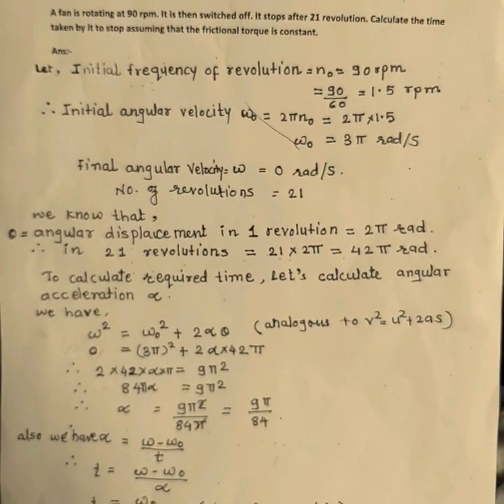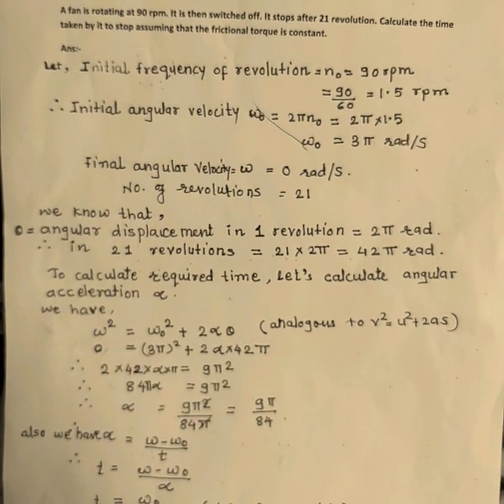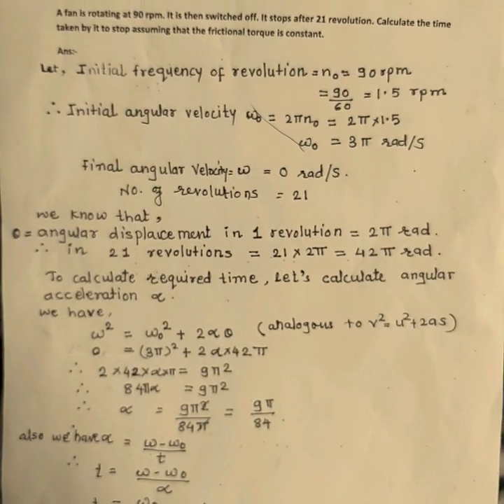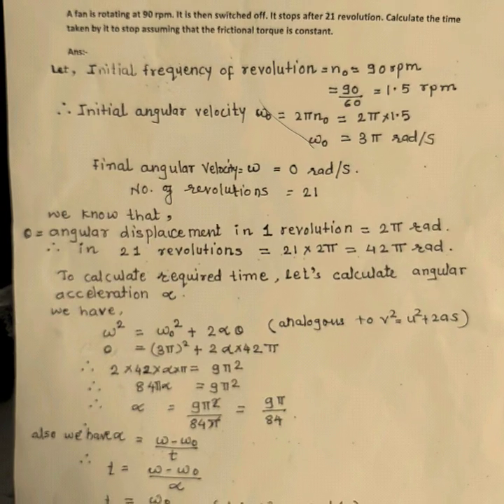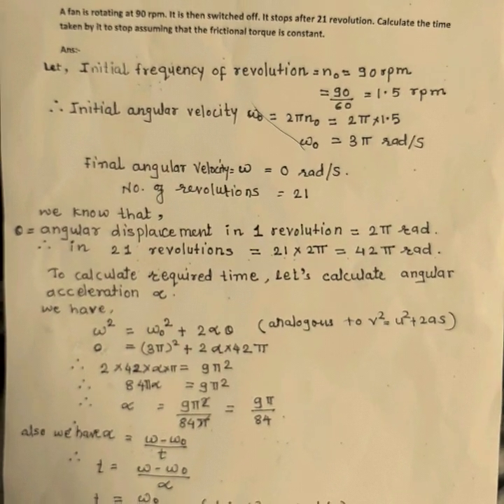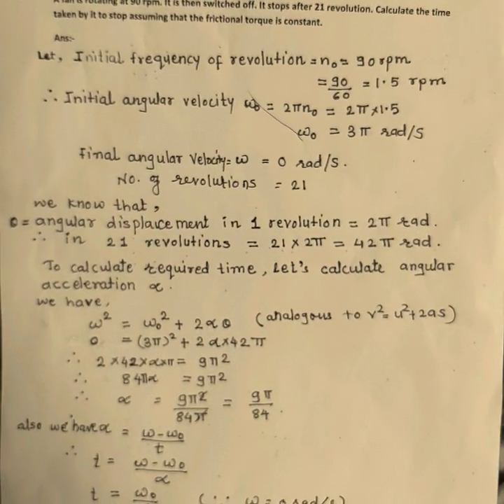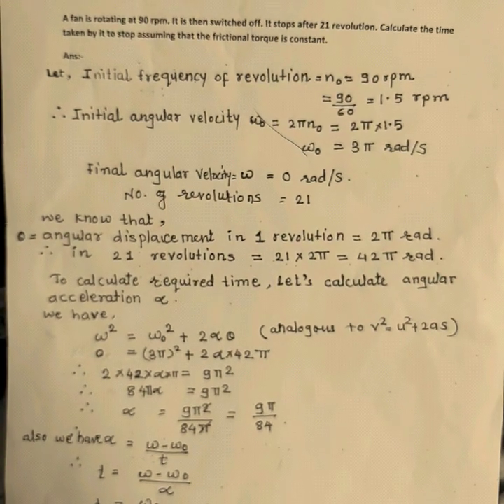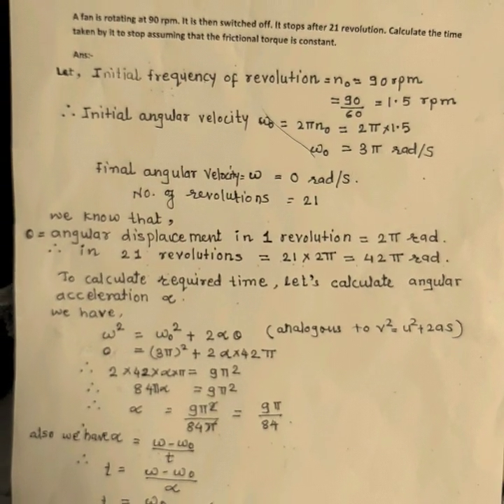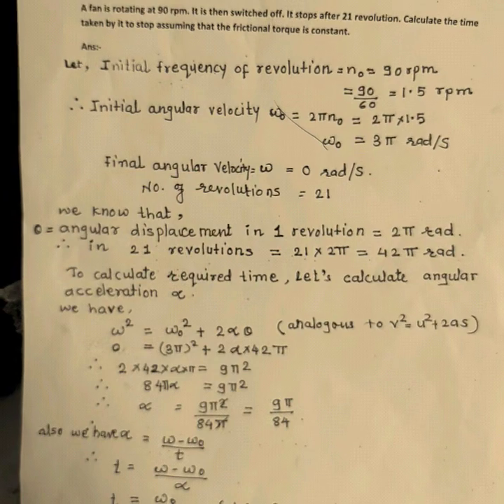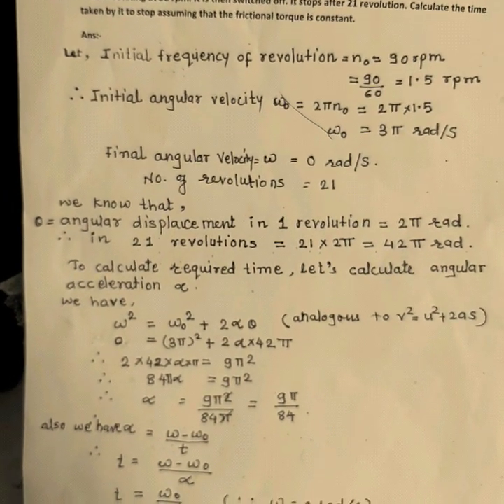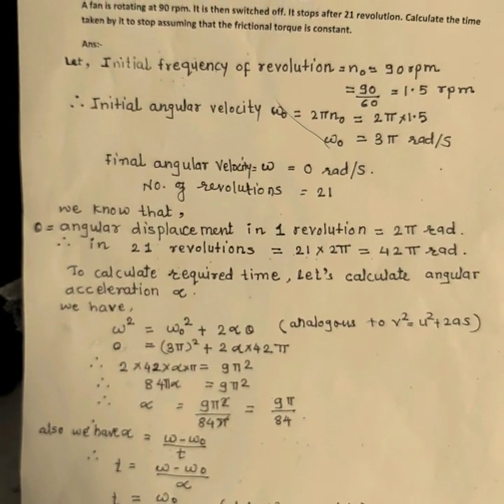Now, therefore, the initial angular velocity is equal to 2 pi n0, which is equal to 2 pi. The value of n0 is 1.5. So after calculation, 1.5 twos are 3 pi radian per second.